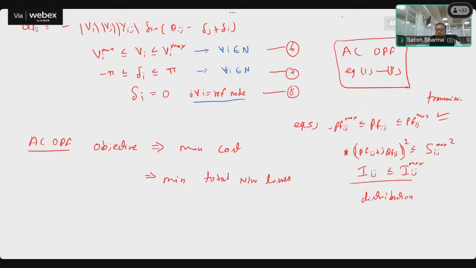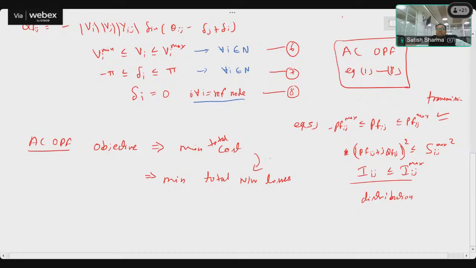The power flow should be optimized, the voltages should be within the limits, the generators which are producing should be within the limits. So the constraints, like above we have written equation number 1 to 8. Equations 2 to 8 will remain the same. Our objective function will change. So instead of minimization of the total cost, we can have an objective function of total network losses.